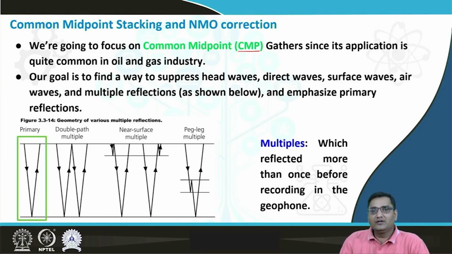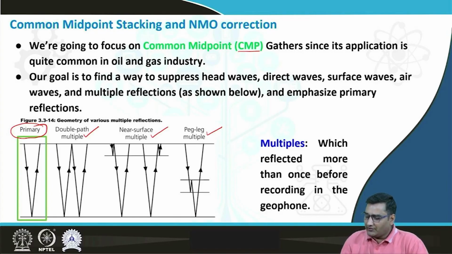Our goal is to find a way to suppress head waves, direct waves, surface waves, air waves, and multiple reflections. The multiple reflections are shown over here. This is the peg-leg multiple, this is the near surface multiple, here you have the double path multiple, and here you have the primary reflections. This is not a multiple.